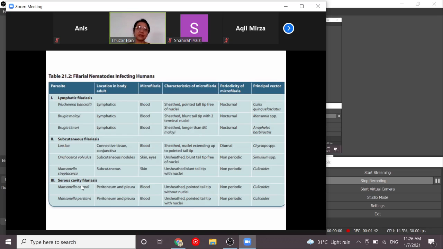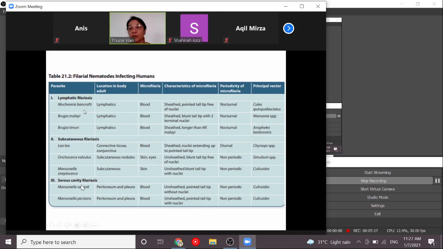So here, Wuchereria bancrofti, Brugia malayi, Brugia timori, and Loa loa. These are the ones included under the hemobiotic system. If I ask a question, I will ask only on this component, not the others, because they are not under the hemobiotic system.